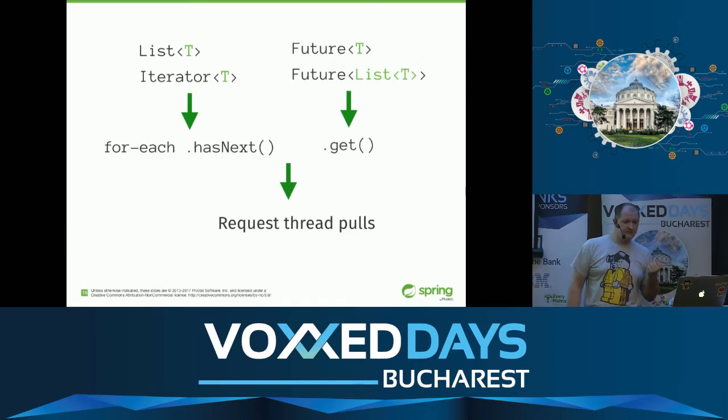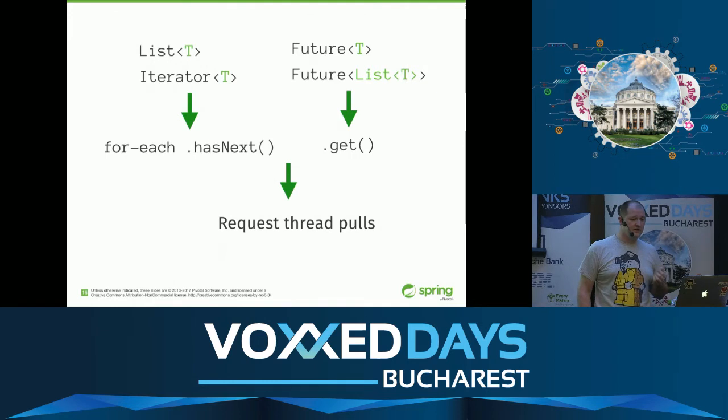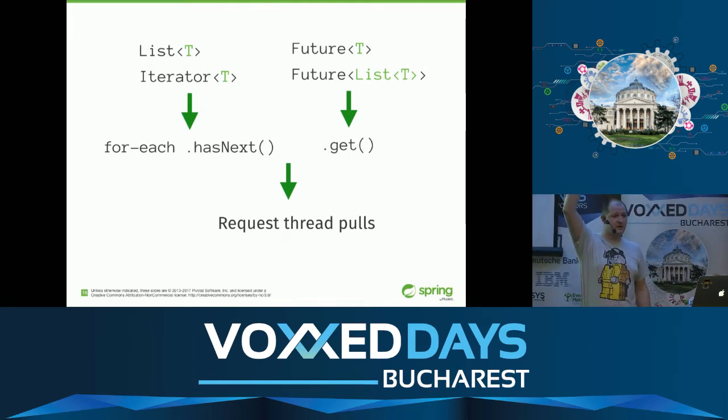With reactive, this changes a bit, and depending on which reactive library you use, there are different data types. So quick question: who of you has heard of RxJava? Quite a few. Reactive Streams? Okay. Akka Streams? Cool.